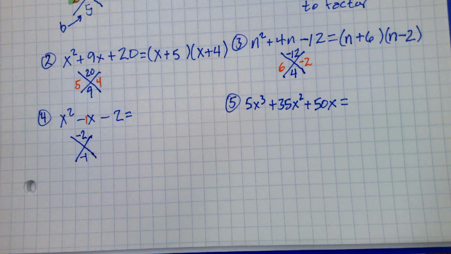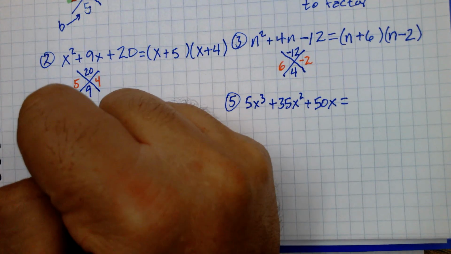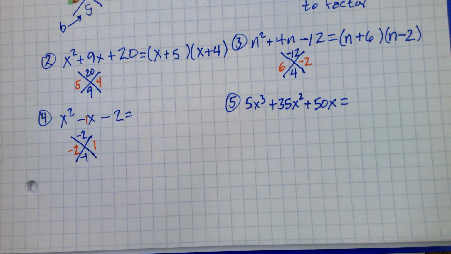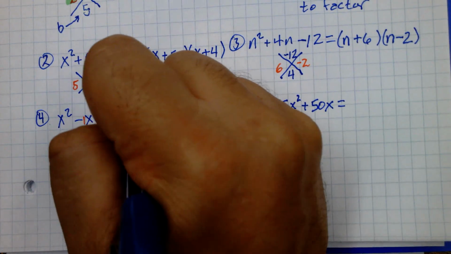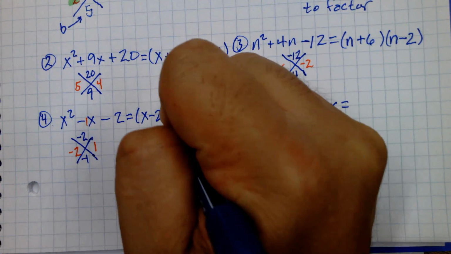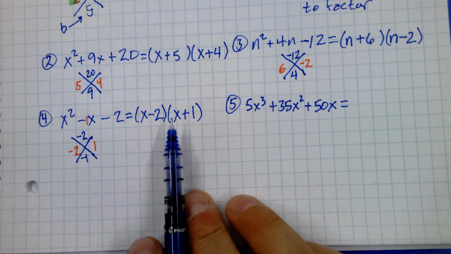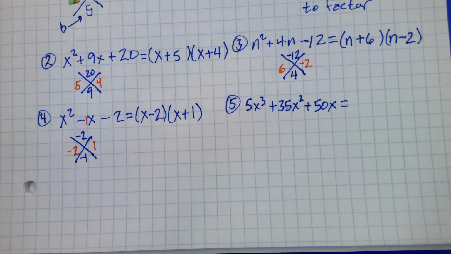So what numbers would work there? Negative 2 and positive 1. So here we would get x, take away 2, times x plus 1. If we multiply these back, we would get that.